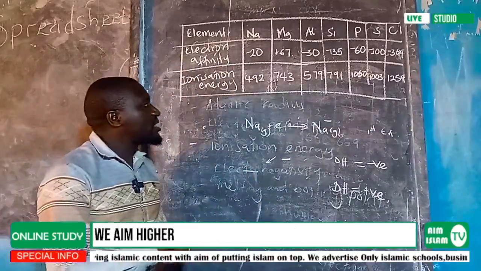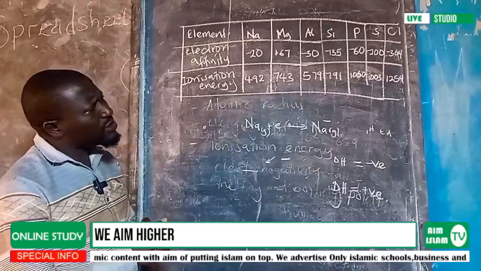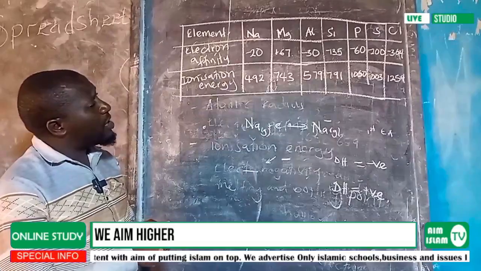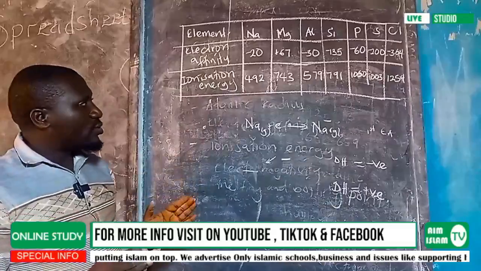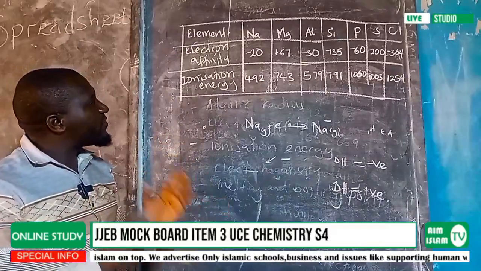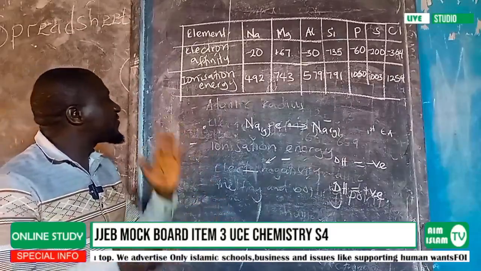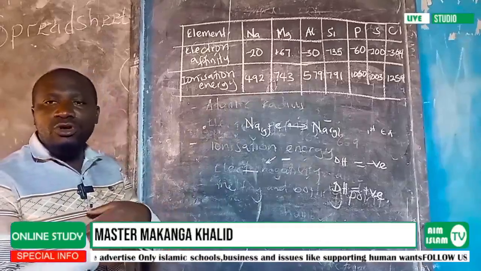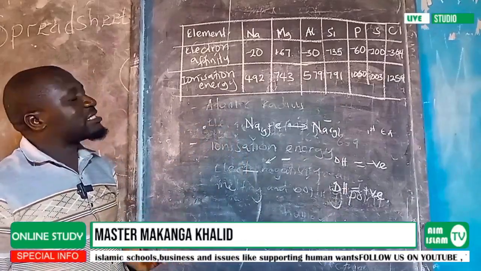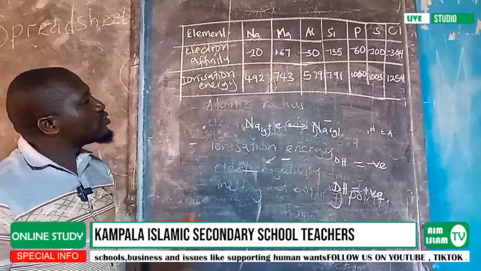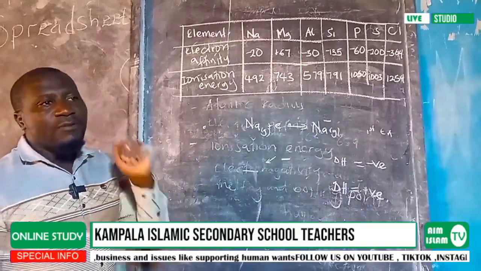When you check those values, you don't base on the sign when explaining the variation of electron affinity. Why? Because all of them are negative, and that's the first electron affinity. So you just base on the magnitude.